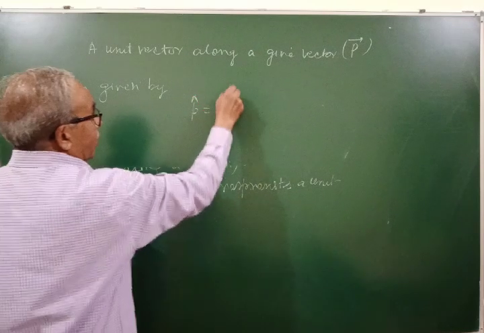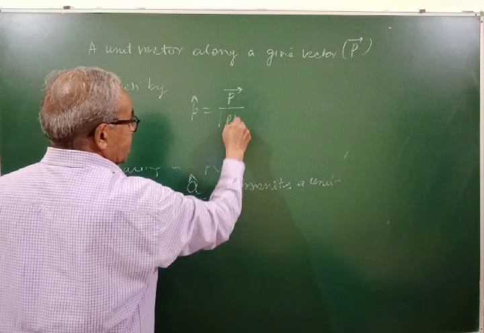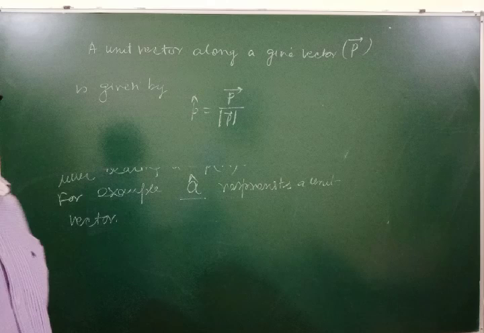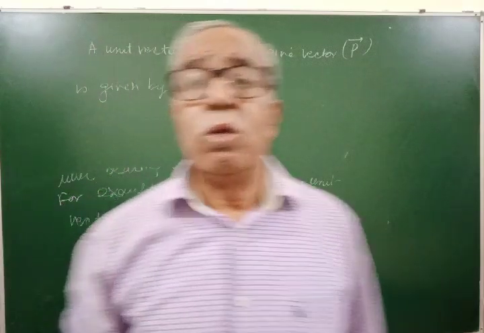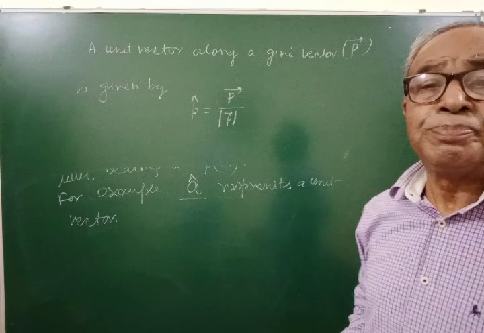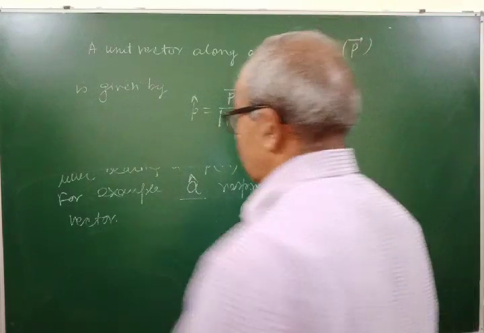Unit vector is equal to vector P upon magnitude of P. If a vector is divided by its magnitude, then we get a unit vector in that direction.